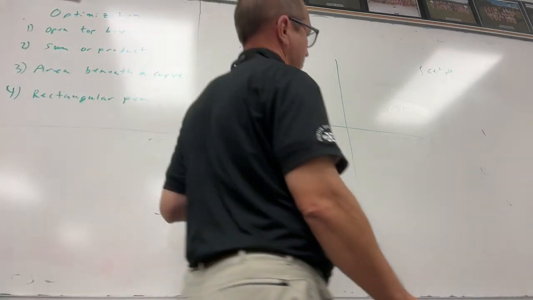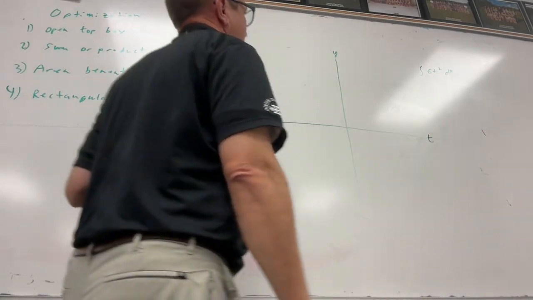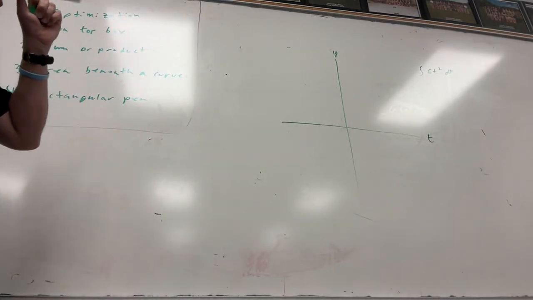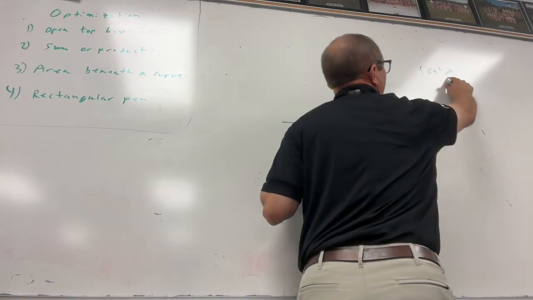Or let's make it, this is going to be my t, and I'm just going to let this be y for lack of a better variable. What is the antiderivative of this?